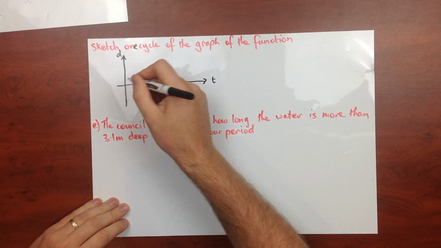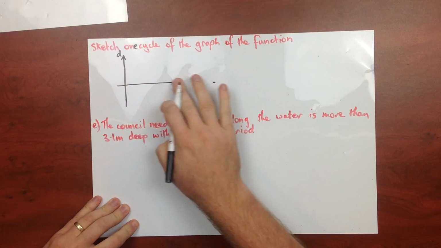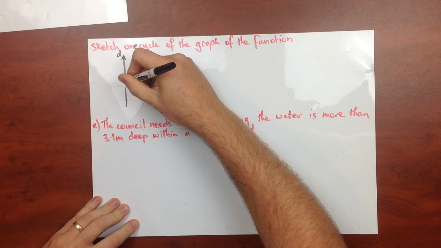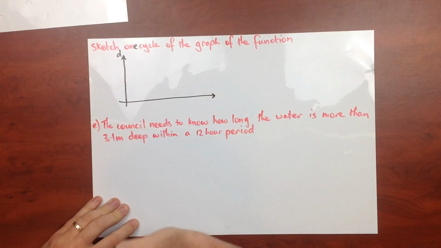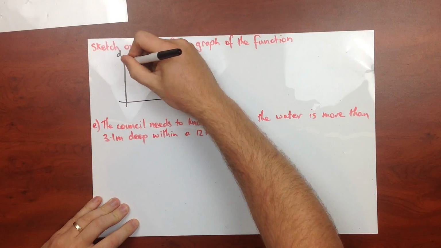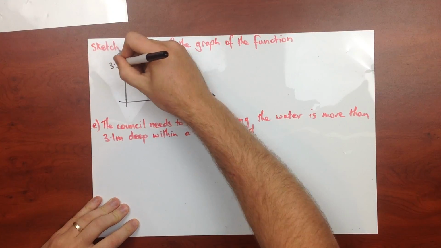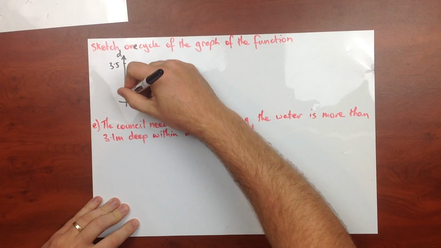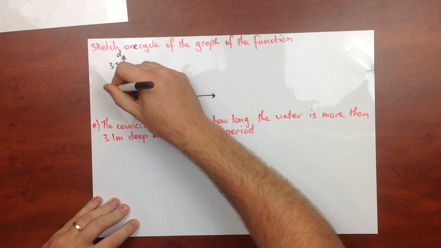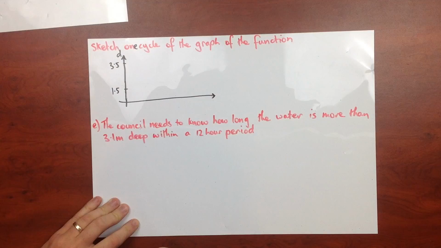So we can simply start at our vertical axis, our depth. Since we already worked out our maximum and minimum values, we know we come up to a maximum of 3.5 metres and down to a minimum of 1.5 metres.